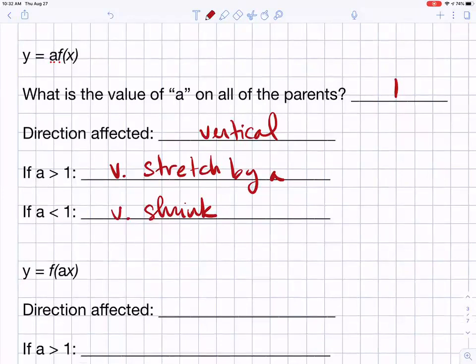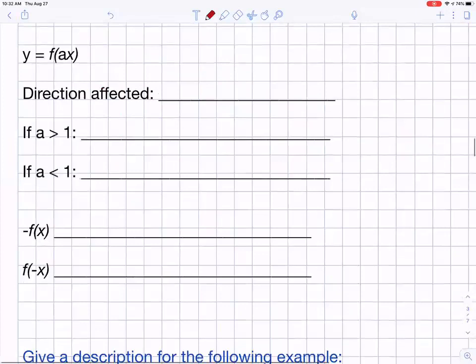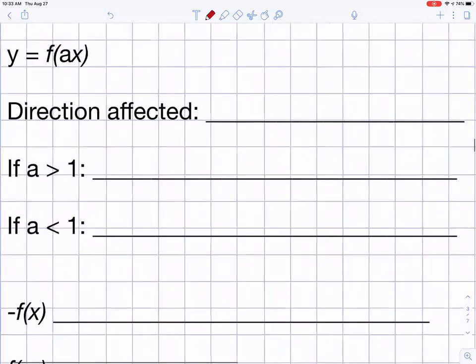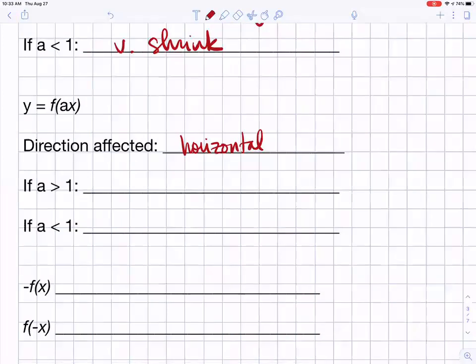The second set that we worked on was something that looks like this. Now where is my A? It's on the inside, so what is the direction that's going to be showing? Horizontal. Okay, so go back.